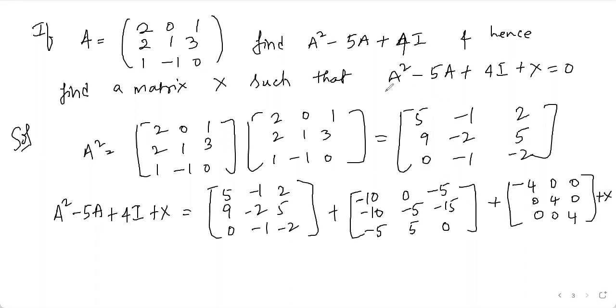Now let us take this equation, which is equal to 0. Let us first simplify this, right? So what do you get? 5 minus 10 and minus 4, so that would result as minus 1.